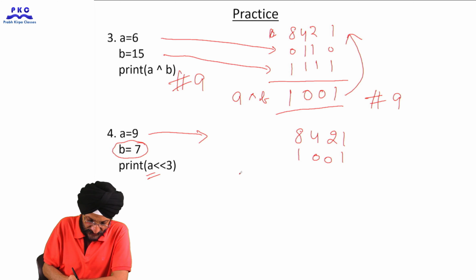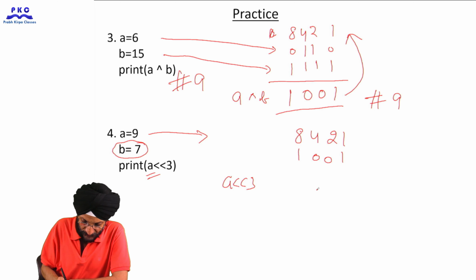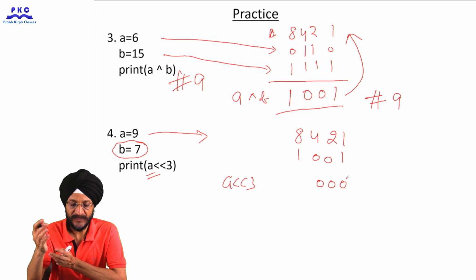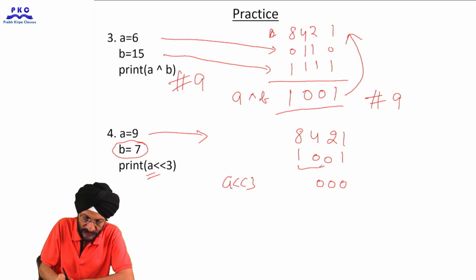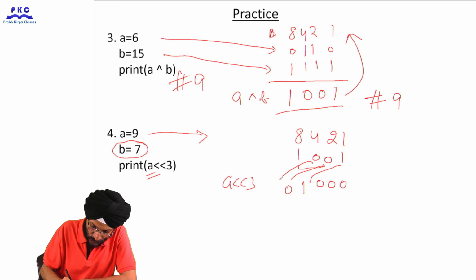So now what is given? A bitwise left shift 3. It means that 3 places will become empty on the right hand side because 3 bits will be shifted to the left hand side. So here we have added 3 zeros, and now we will write 1 here, 0 here, this 0 here, and this 1 will come here.